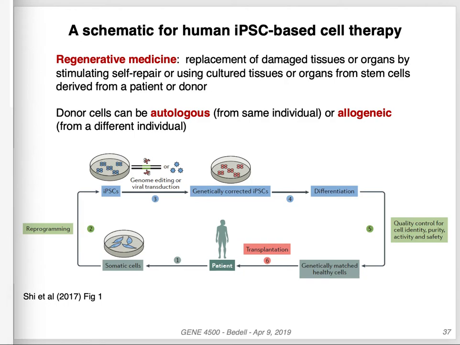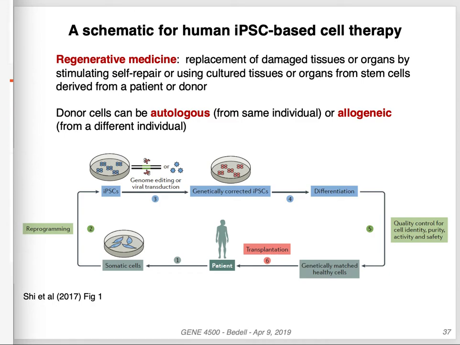Allogeneic is from different individuals, but as Yamanaka talked about the other day, they're in the process of identifying iPSCs from individuals that have different HLA haplotypes, and finding what he calls super donors.